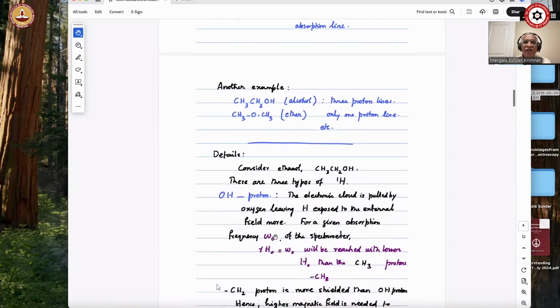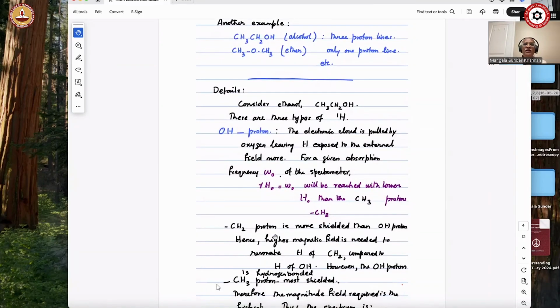So, let's look at the details for ethanol. There are 3 types of proton, 1H. The OH proton's electronic cloud is pulled by the oxygen, leaving the hydrogen exposed to the external field.